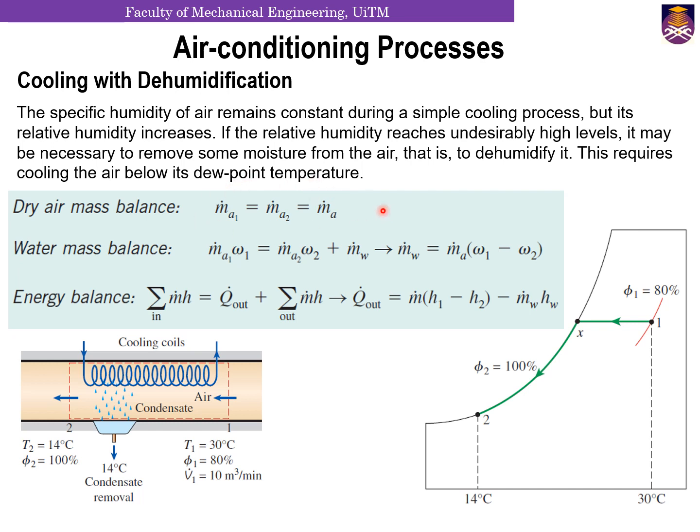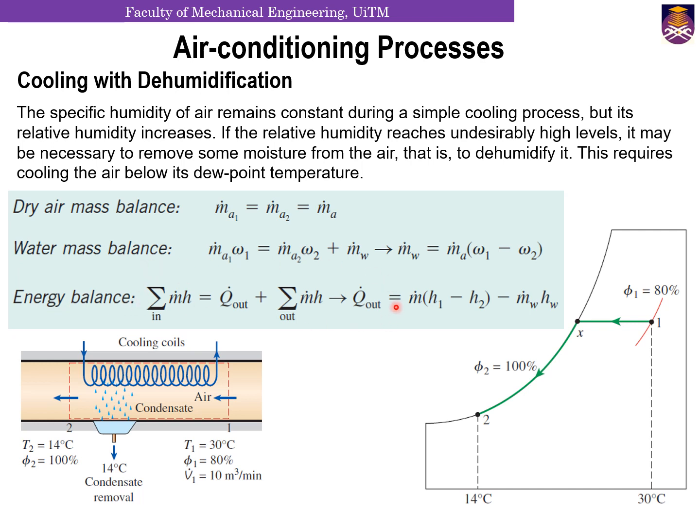So again, the dry air mass balance is the same. For the water mass balance, because you are losing water, we want to know how much water is dehumidified, the condensate removal. You can use this formula to calculate it. And then the energy balance is given by this formula.